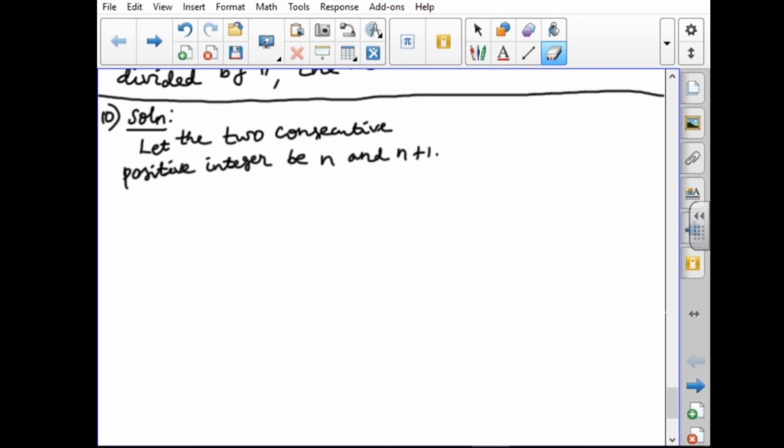I have to select it like this. First, I assume that the two consecutive positive integers are n and n plus 1.